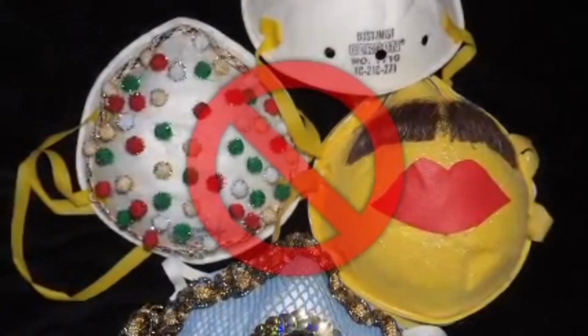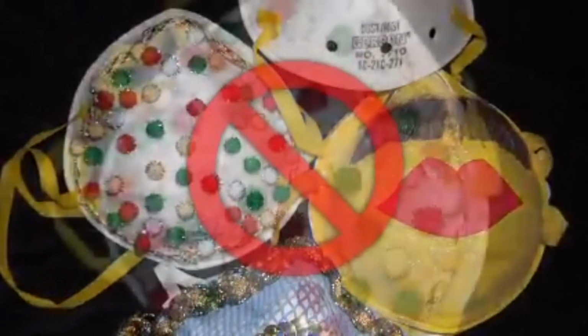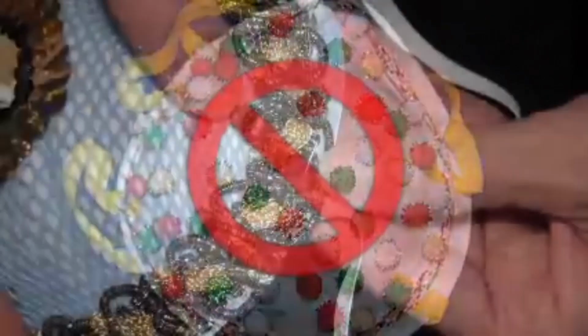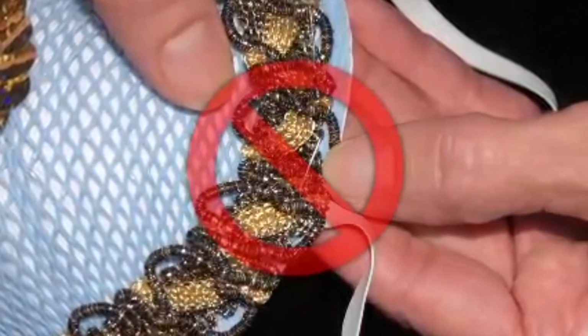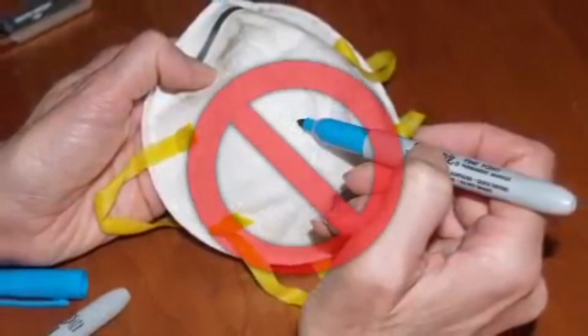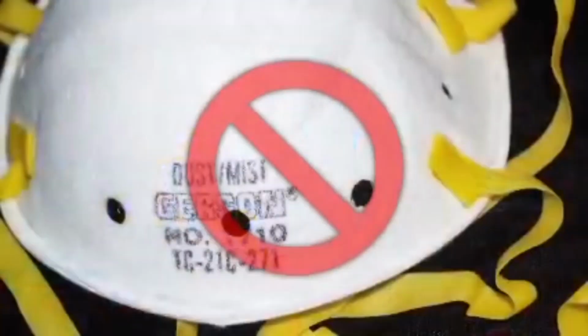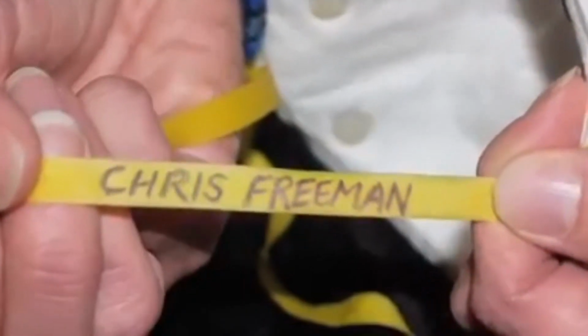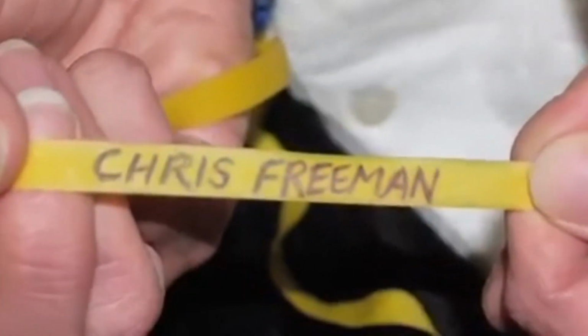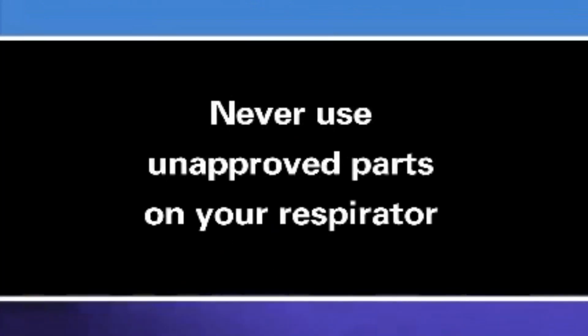Doing so can reduce its protective quality and expose you to the airborne hazard. Never glue or staple things to your respirator. Do not write on your respirator's filter material, and never put holes in your respirator. However, it is okay to write your name on your respirator straps. You must never use unapproved parts on your respirator.